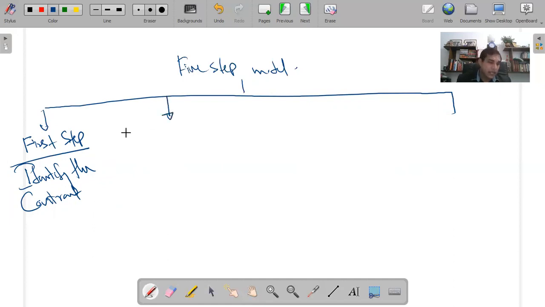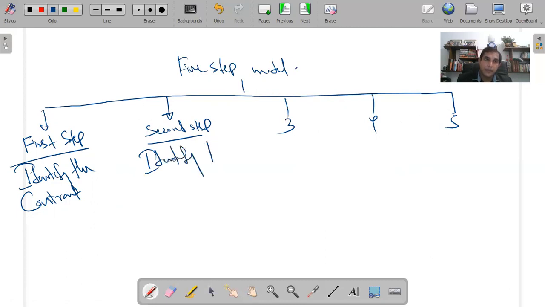Then the second step is identify the performance obligations. Third, fourth and fifth: let me write them. Identify the performance obligations. Third one, determine the transaction price.